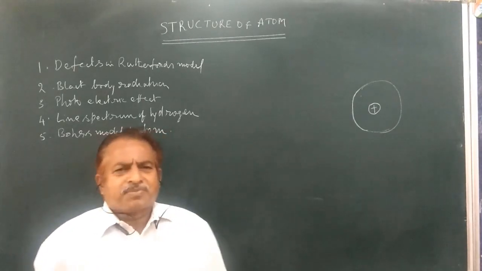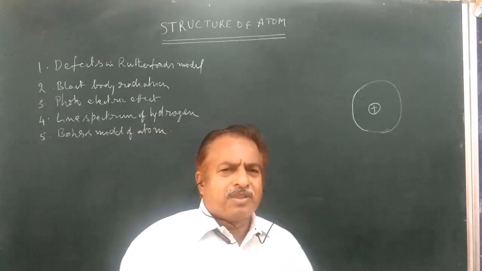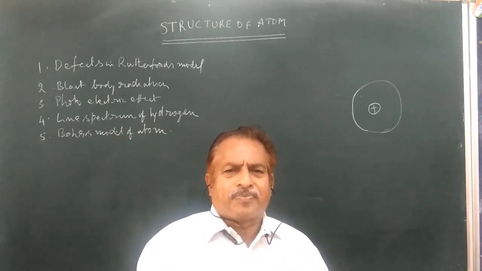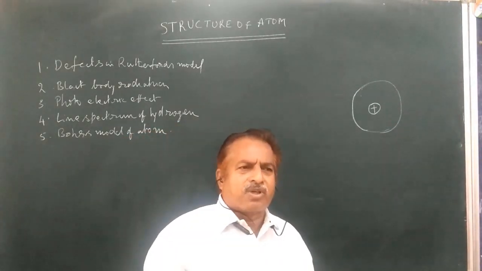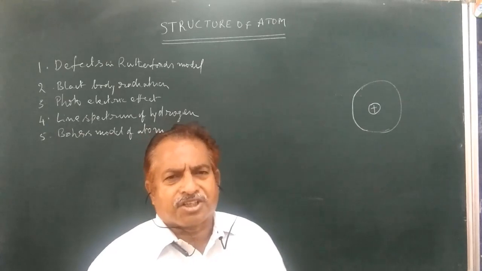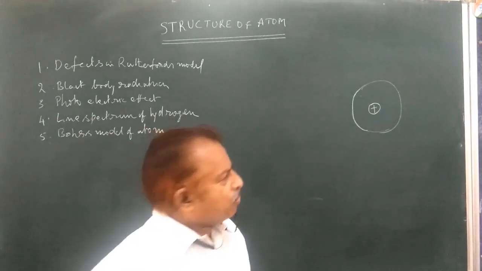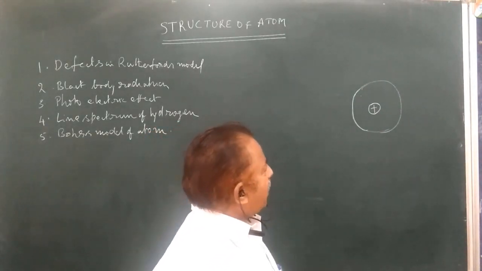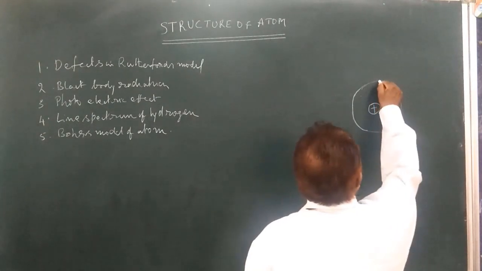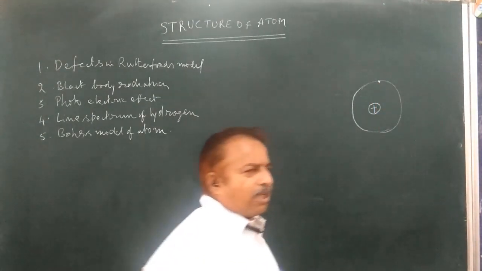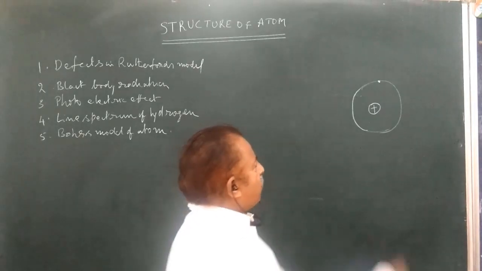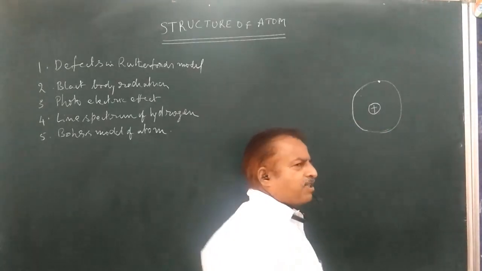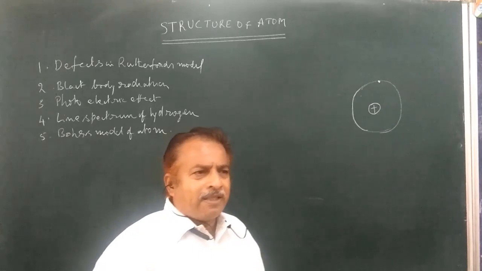Now, as per the classical electromagnetic theory, if a charged particle revolves around a fixed point, it loses its energy continuously. Here, the electron carries a negative charge and it revolves around the nucleus, which is a fixed point.